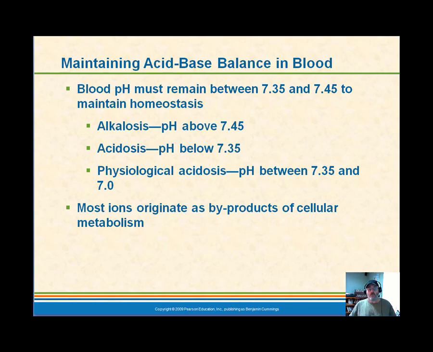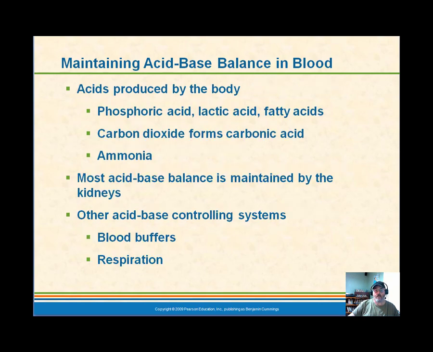Most things that cause our body to be acidotic or alkalotic originate from cellular metabolism. Now, the acids produced by the body, there's a whole lot of them.